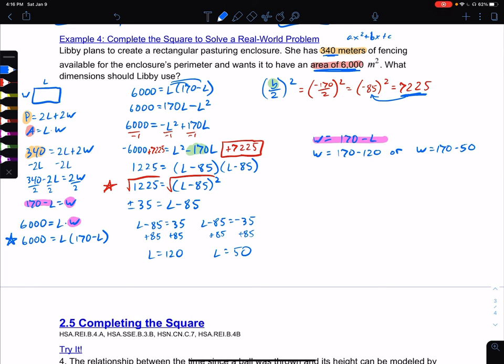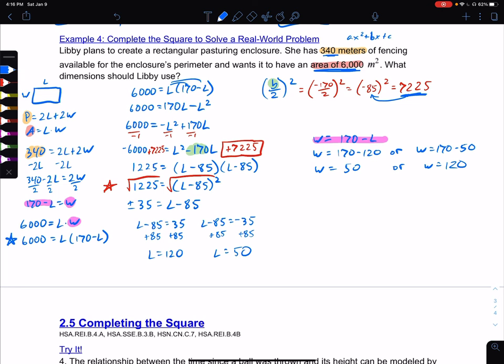Okay, so again, we have both of those options for L. So W would be equal to 50, or W is equal to 120. Now, notice that the width and the length are the same as each other. So it's either 120 and 50 or 50 and 120. They're the same thing. Which one you make the length and the width is kind of arbitrary. It doesn't really make a difference.